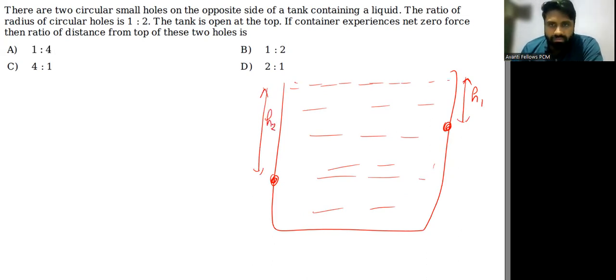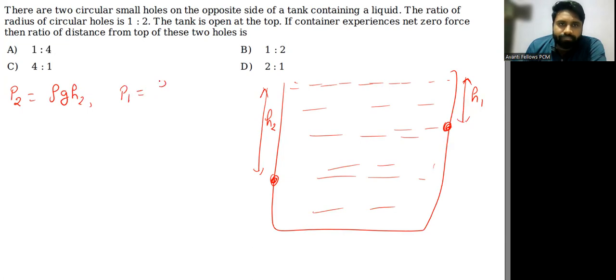Now we know that pressure at this point will be rho g h1, and pressure at this point will be rho g h2. So if I consider this as point 2, P2 will become rho g h2, and P1 will become rho g h1.